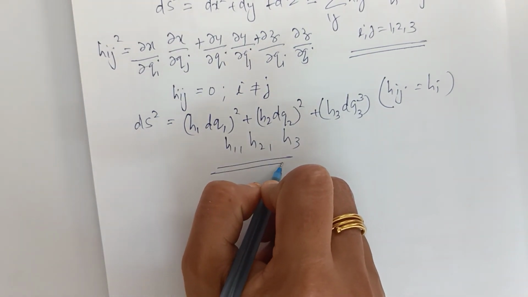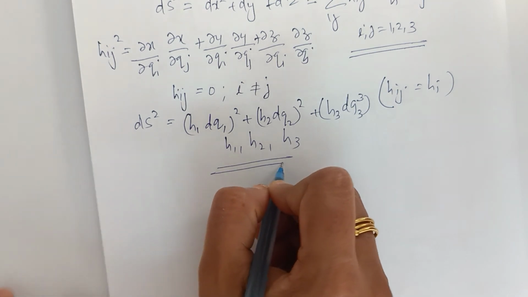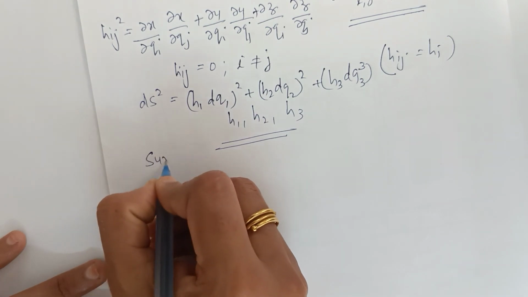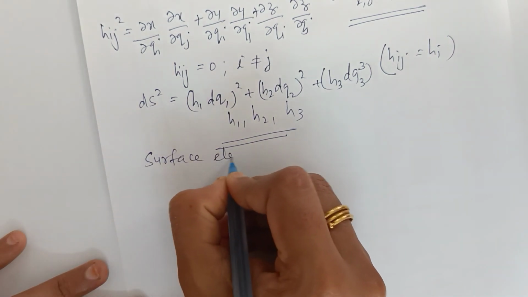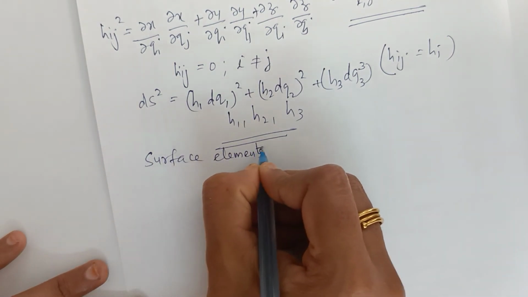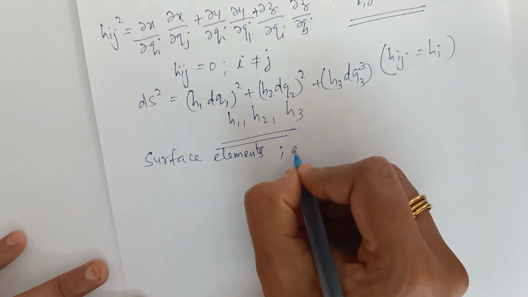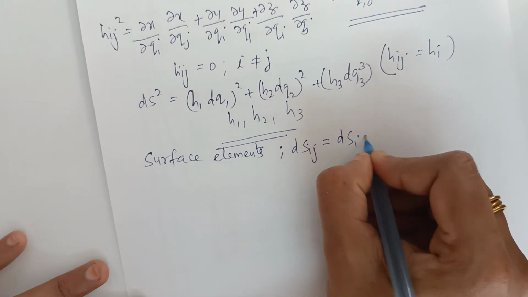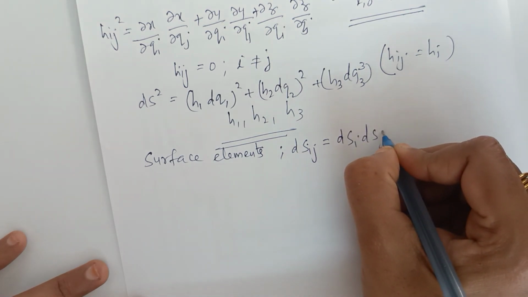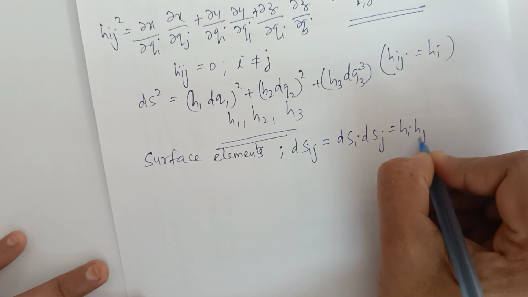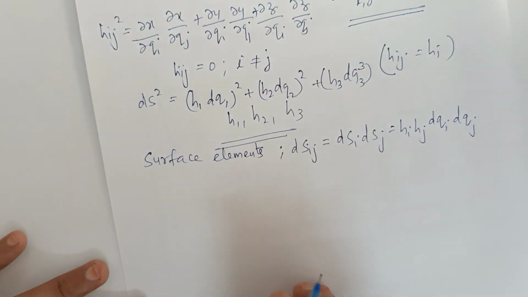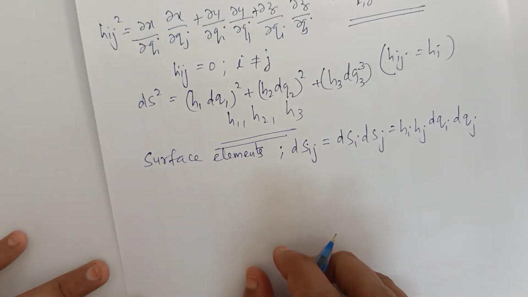As I was already telling, we can have surface elements and also volume elements. The surface elements in orthogonal systems are expressed as dsij, that is ds of i into ds of j, or hi hj into dqi dqj, where i is not equal to j and i or j can be 1, 2, 3.